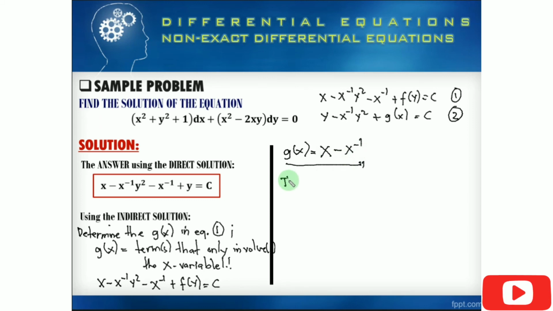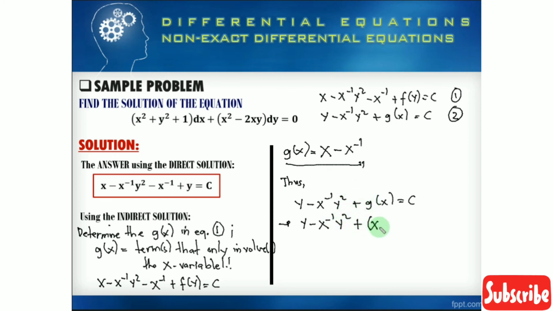We can say that y minus x raised to the negative 1 y squared plus g(x) is equal to c is just equivalent to y minus x raised to the negative 1 y squared plus g(x), which is x minus x raised to the negative 1, equal to c.